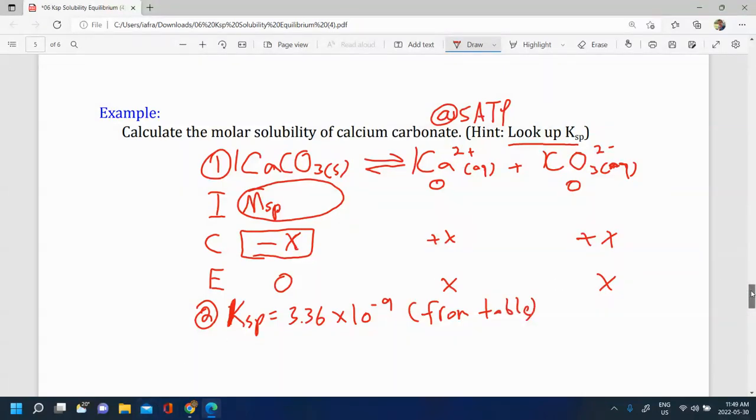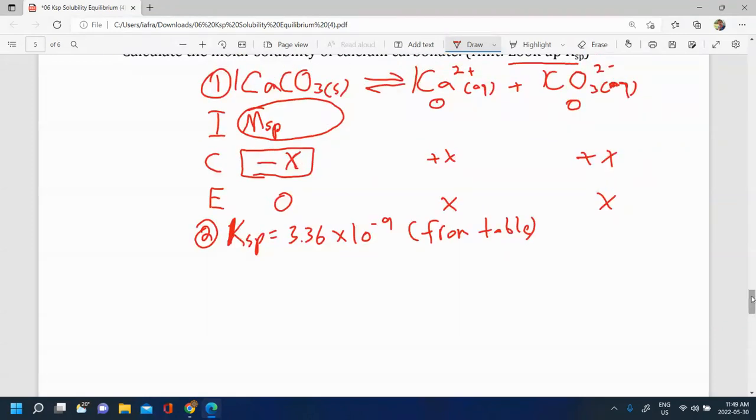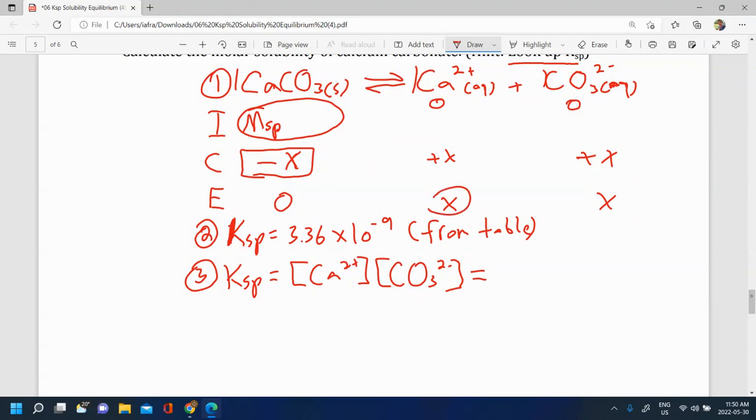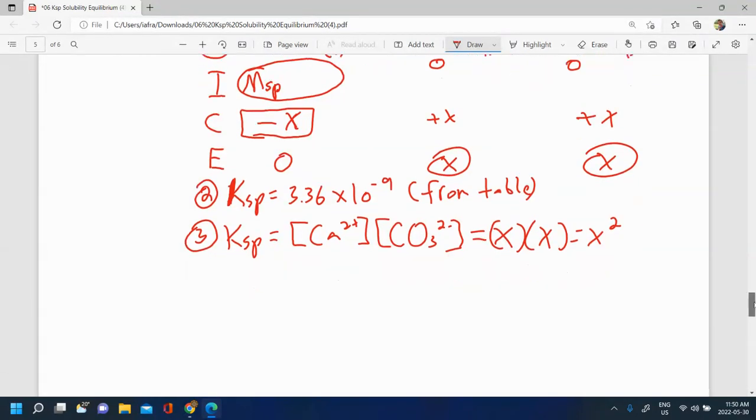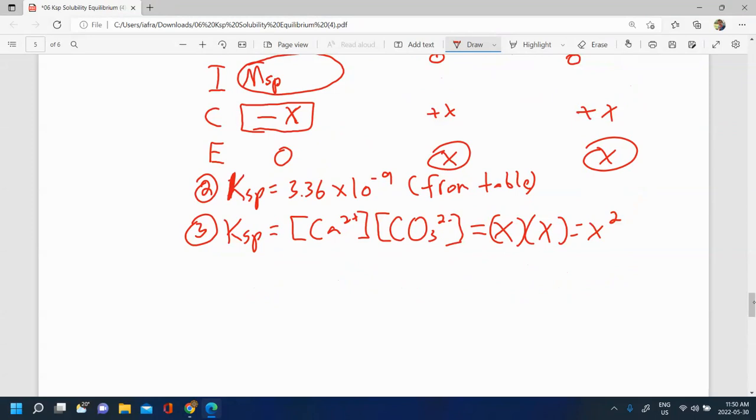So remember, we want to find the x value. So what we can do is write a Ksp expression. We can say that Ksp is equal to the concentration of the calcium ions times the concentration of the carbonate ions. And that's simply x times x, which is x squared. So now we can plug in all our values.